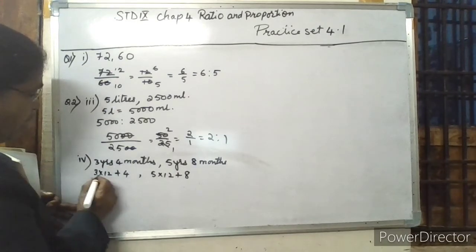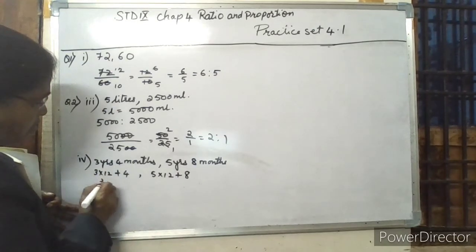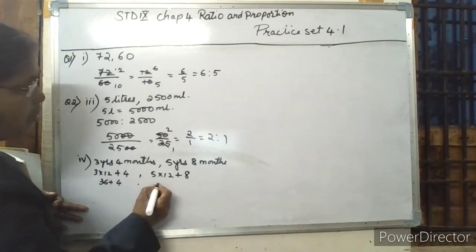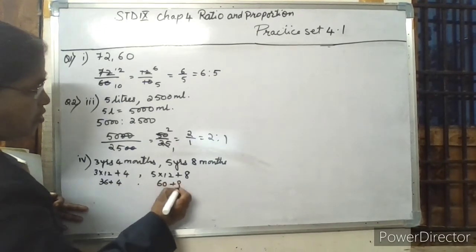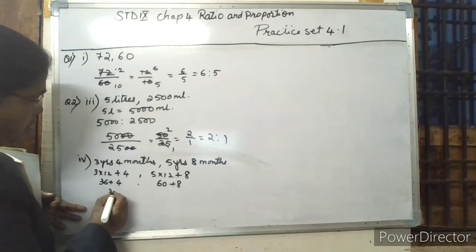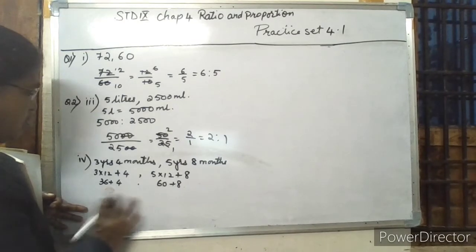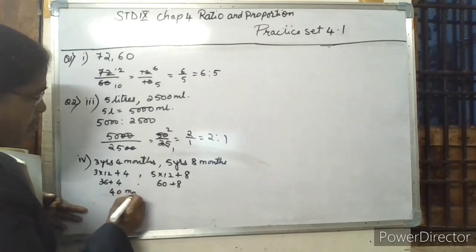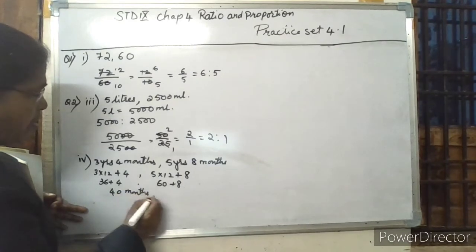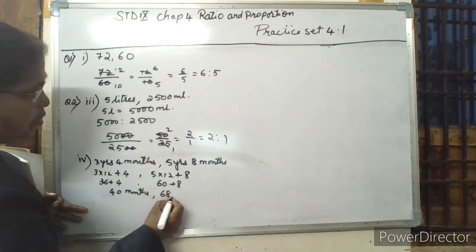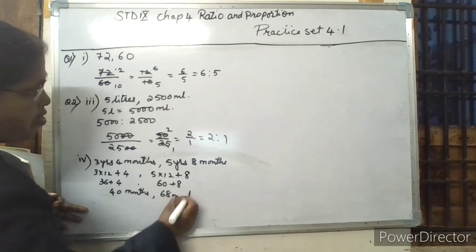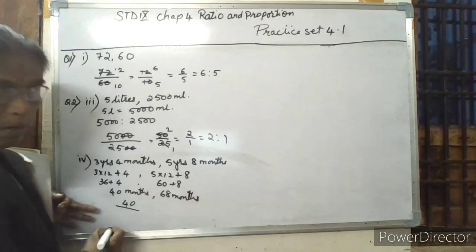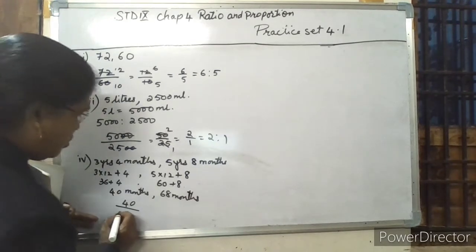So 12 threes are 36 plus 4, and here 12 fives are 60 plus 8. If we add this, we get 40 months, and here 68 months. So the reduced form will be 40 by 68.